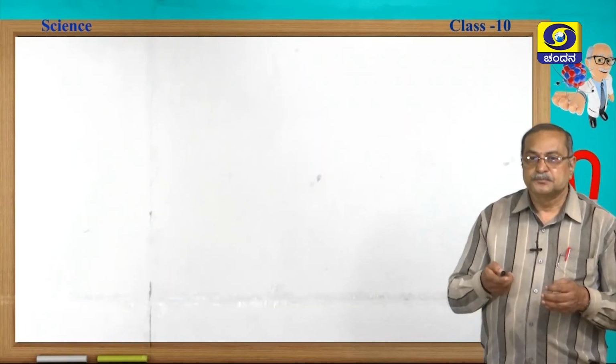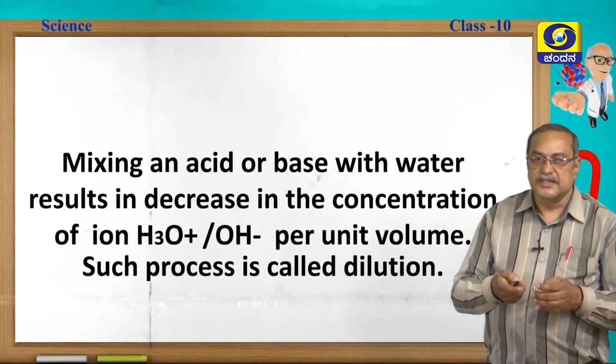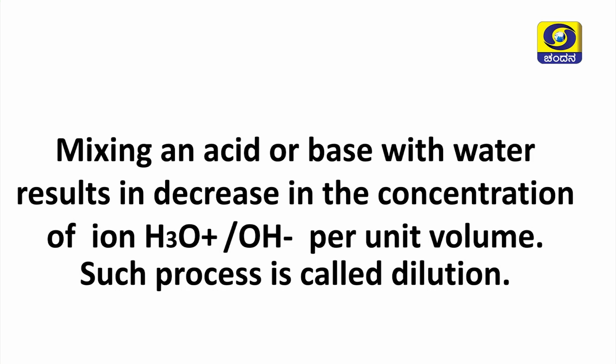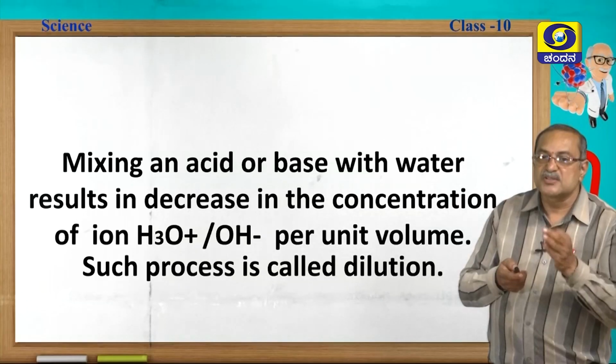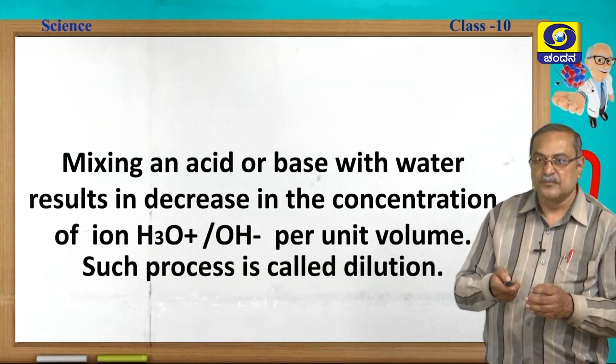Clear? Now you see how to mix this. Mixing an acid or base with water results in a decrease in the concentration of ions, that is, hydronium ions or hydroxyl ions per unit volume. Such a process is called dilution. Understood?